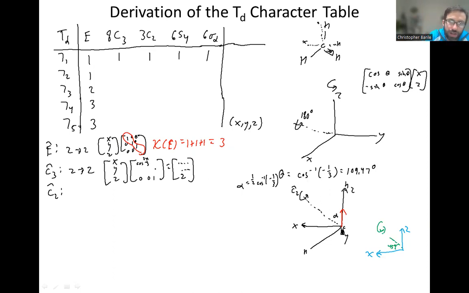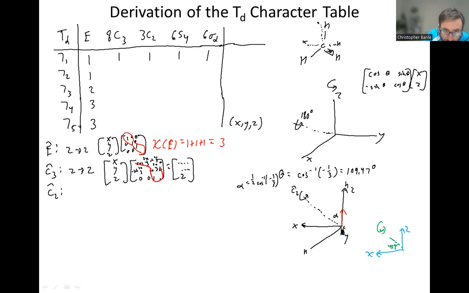So cosine 2 pi over n, where n equals 3 because of C3. So that's cosine 2 pi over 3. I'm not even going to worry too much about these, but this is going to be 0, 0, and this is going to be a minus sine 2 pi over 3. This is an off diagonal component, and this is sine 2 pi over 3. Sorry for the small writing, but these are off diagonal elements.